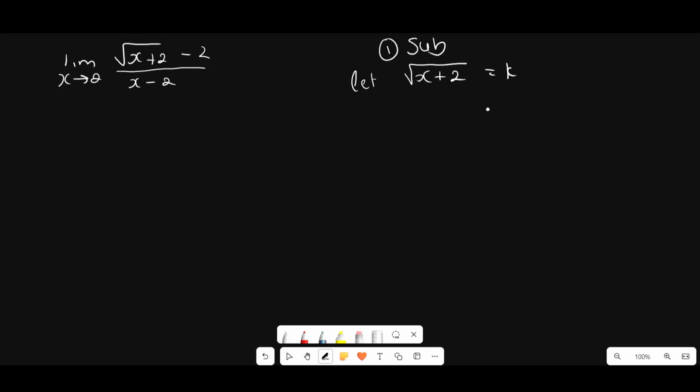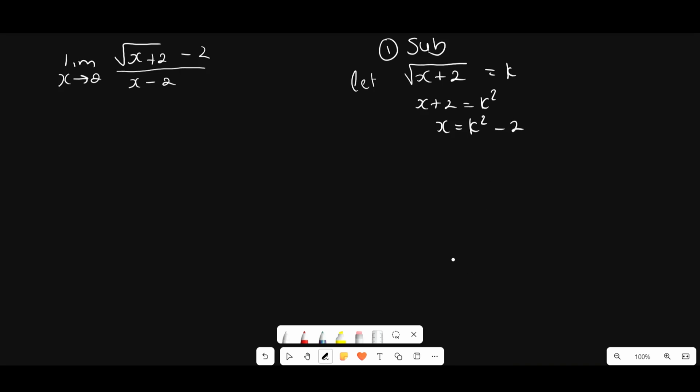It can be k, u, m, anything, right? Then let me solve for x. How do you solve for x? I'm going to square both sides, therefore I'll have x plus 2 equal to k squared, and therefore x is equal to k squared minus 2.